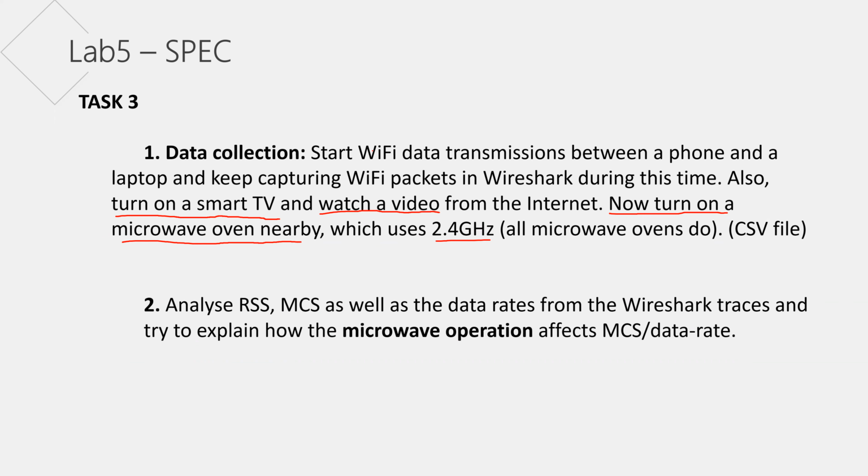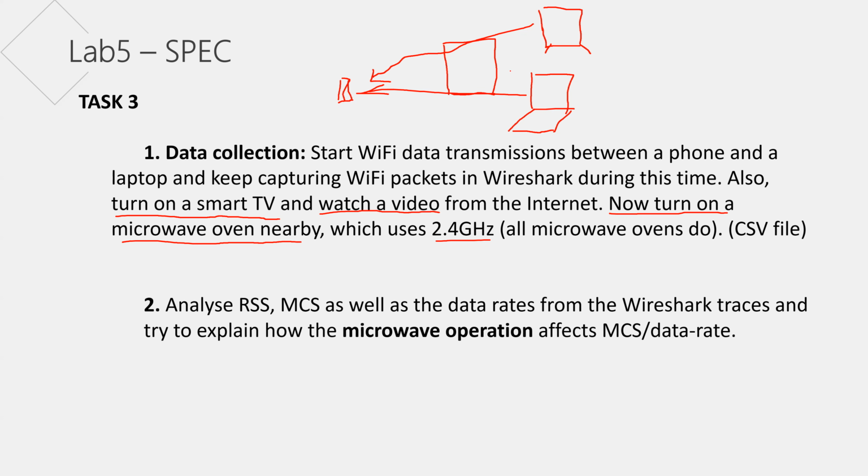So what you basically need to do is just connect. Sorry, my drawing is so bad. This one is your mobile phone, and connect it with your laptop, right? And also you connect another laptop or a TV to your hotspot and play a video, and then you put a microwave between them and turn on the microwave for like 30 seconds and then turn it off.